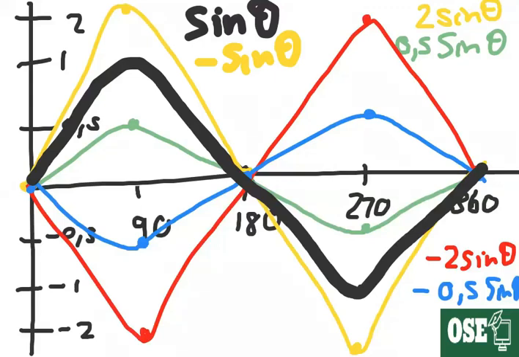And if it's anything from negative 1 to negative infinity, it will also be reflected and the amplitude will increase.